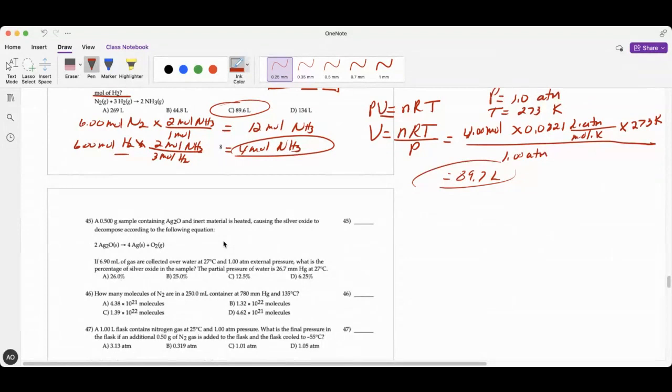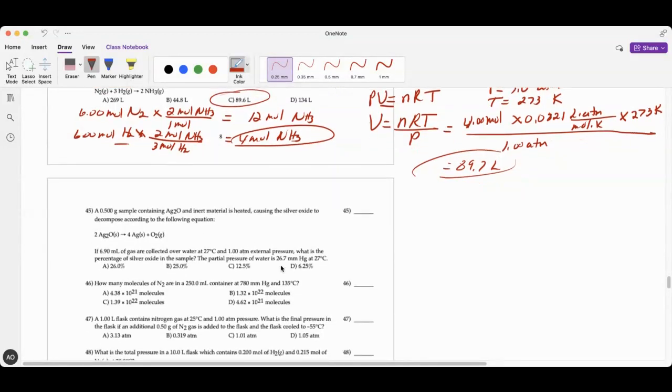It's heated, and the silver oxide decomposes to solid silver and oxygen gas. This is one that's collected over water. So 6.9 milliliters of the gas is collected over water at 27 degrees Celsius and 1 atmosphere external pressure. What is the percentage of silver oxide in the sample? And then we're given the partial pressure of the water.